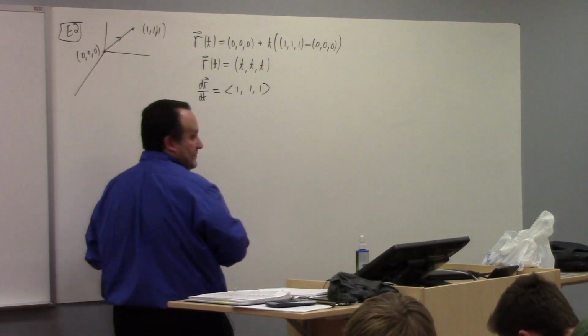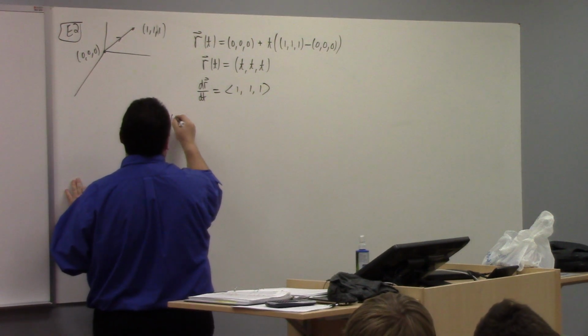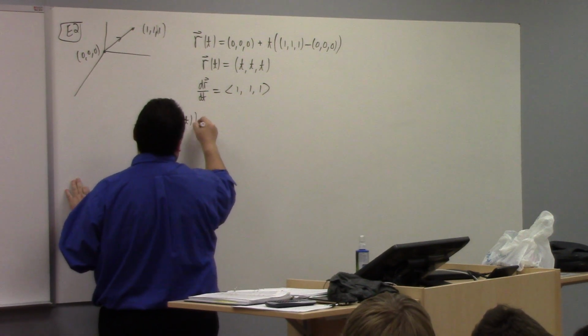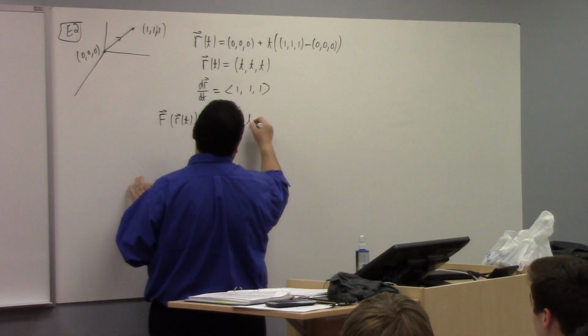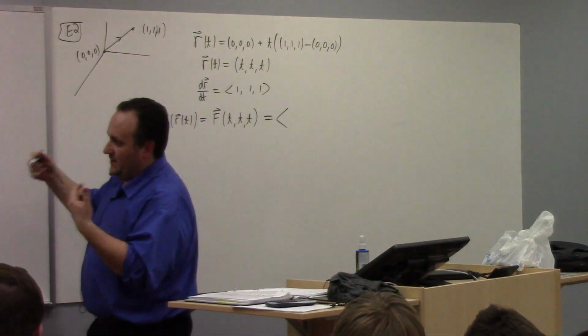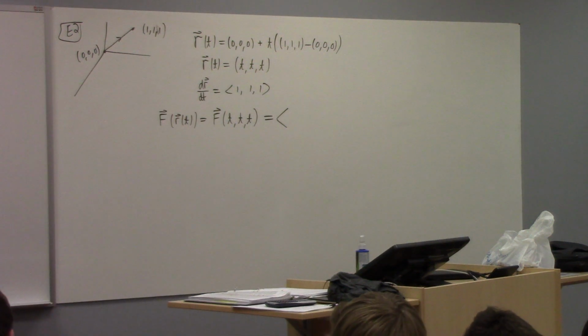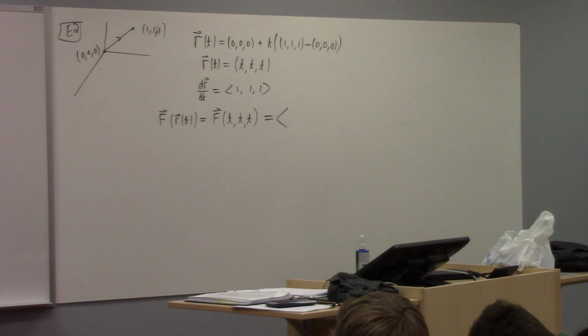A little bit easier, just 1, 1, 1. And what's F of r of t in this case? It's F of t. It's very easy to think about. Everything is t, right? So you just plug in t into the x, the y, the z here, right? So you get 2t, t squared, t. That's it.